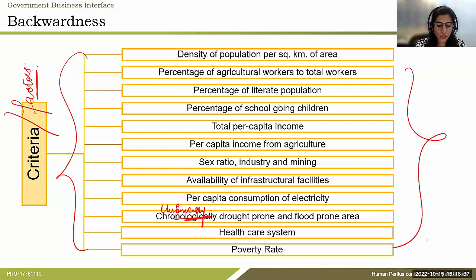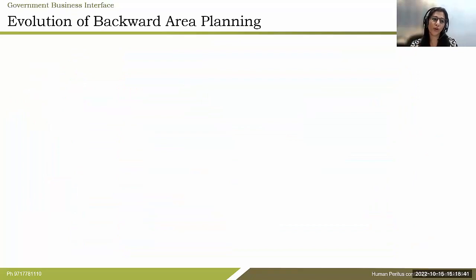Now, moving ahead, as I have already told you, we have subdivided the whole topic of development of backward areas into various subtopics. Firstly, starting with the evolution of backward area planning. Backward area planning got a quick start with the help of the 5-year plans.